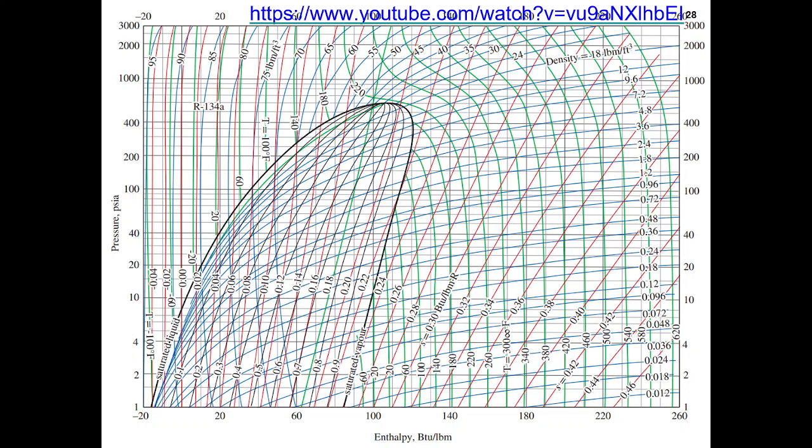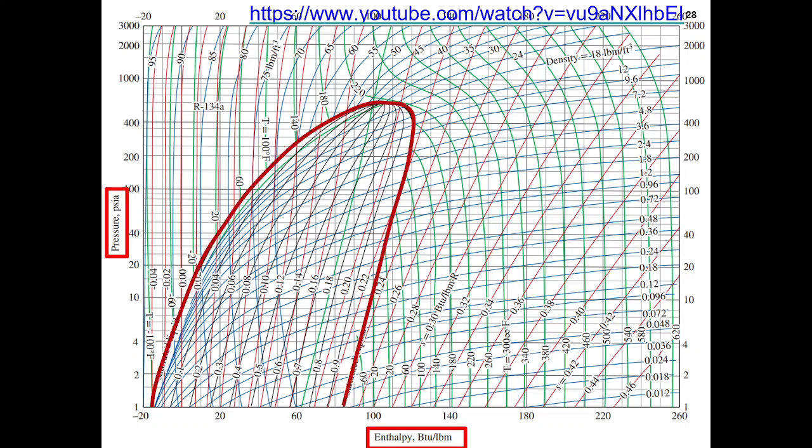But before that, we will understand what a pressure enthalpy diagram is and what information we can find from it. This is a very typical pressure enthalpy diagram in front of you. On the vertical axis you will see pressure, and on the horizontal axis you will see enthalpy.